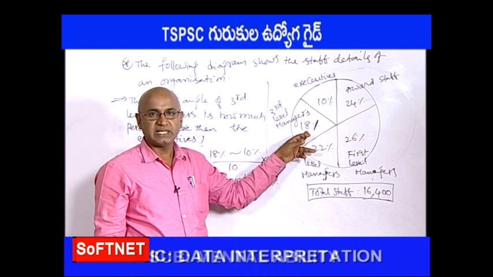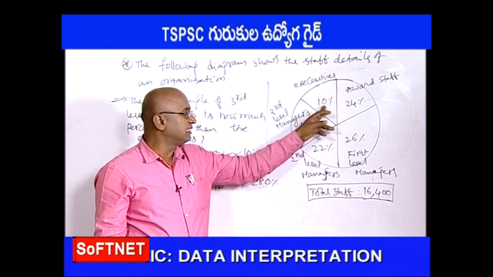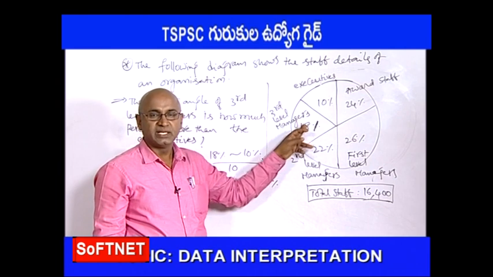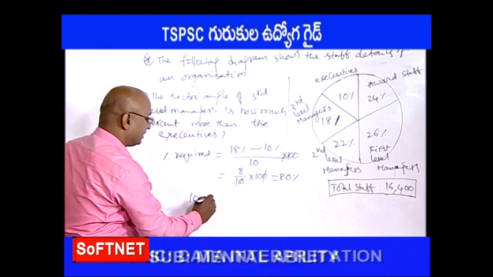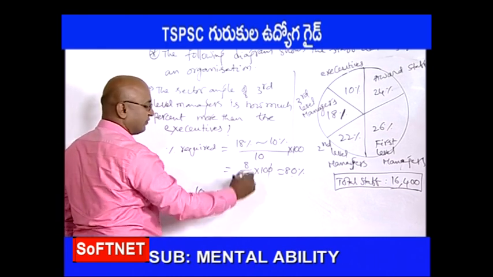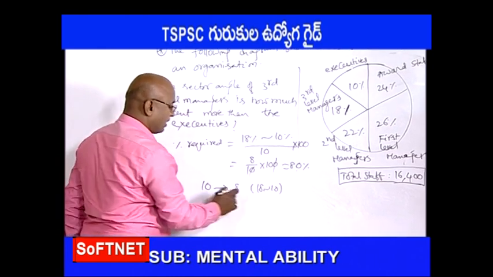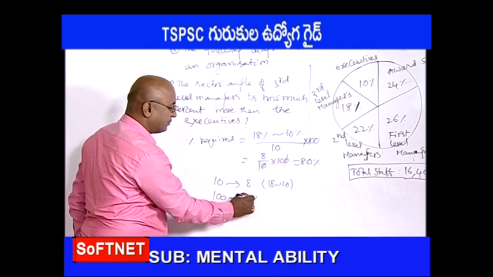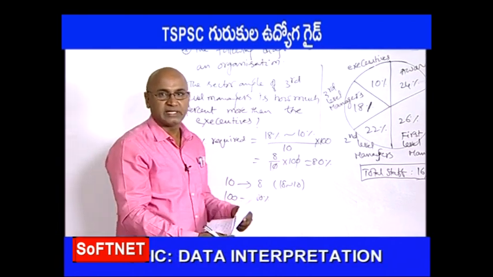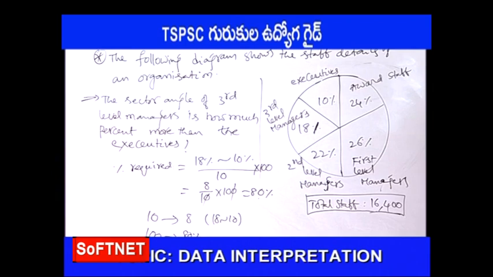In terms of percent, per 100: if for 10 the difference is 8, then for 100 it is 10 times, so 80%. Without doing the problem also we can calculate the value of this problem.